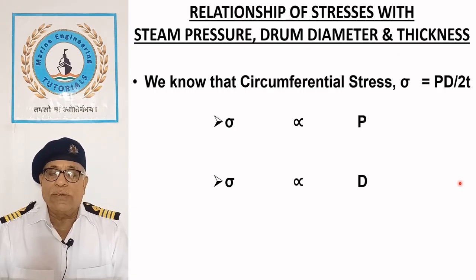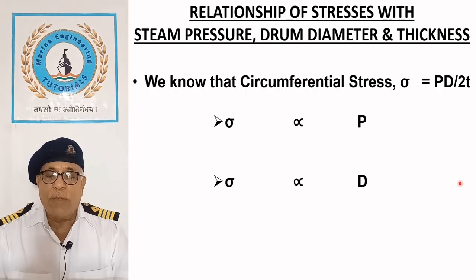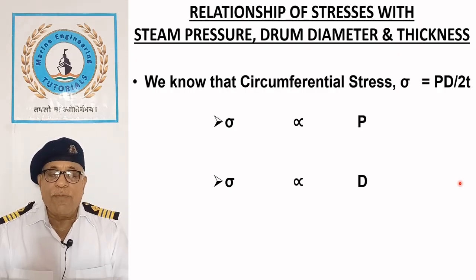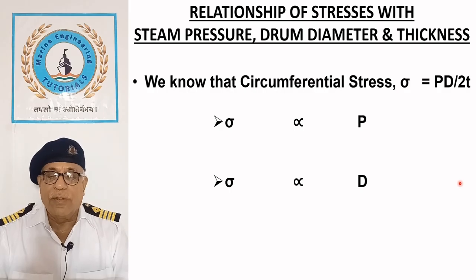In smoke tube boilers, the furnace is surrounded by water and is therefore subjected to external pressure. Since the furnace diameter is much larger than the tube diameters, smoke tube boilers cannot be used for high pressures.